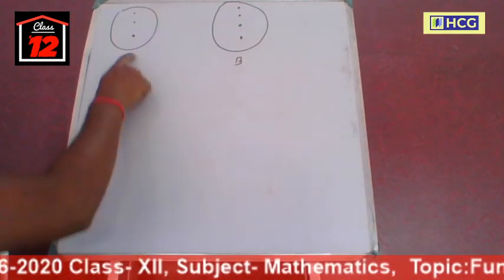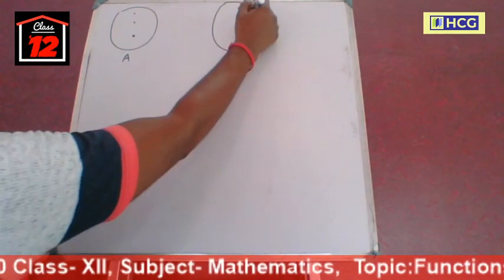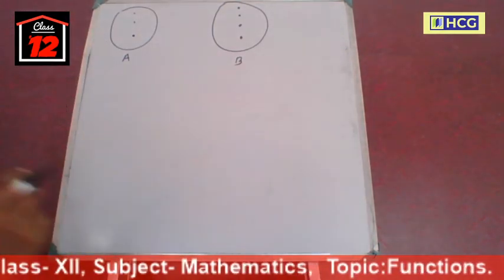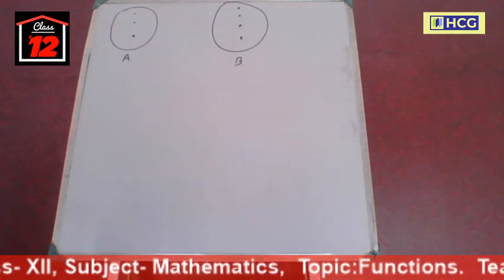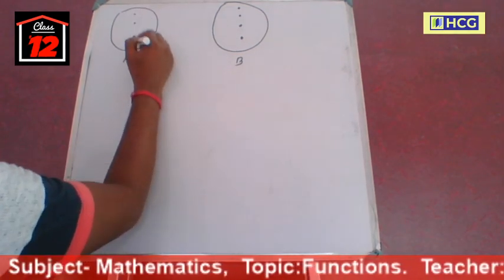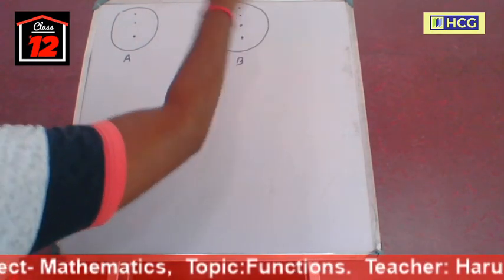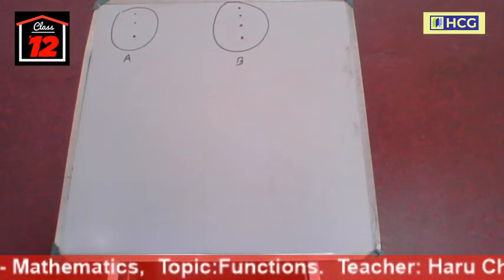Look, there are 3 elements in A set and 4 elements in B set. How many injective functions are defined? Injective means the distinct elements in the domain set are mapped to distinct images in the codomain set.